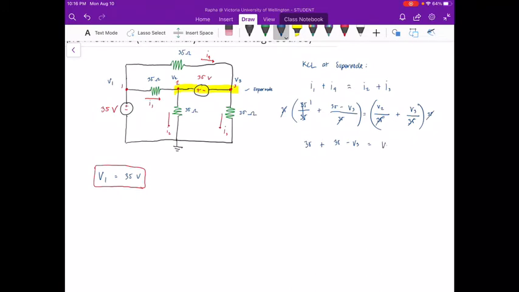So we have V2 plus V3. So just moving around with the equation, we have V2 plus 2V3, and that's equal to 70. That would be our equation 1.